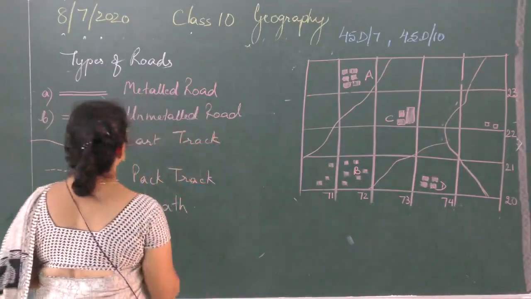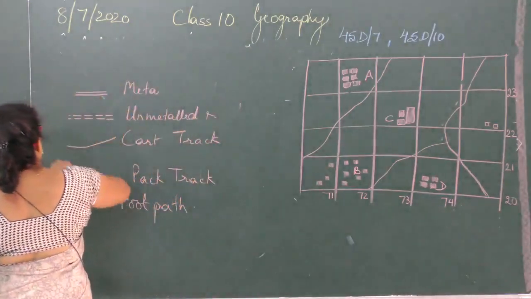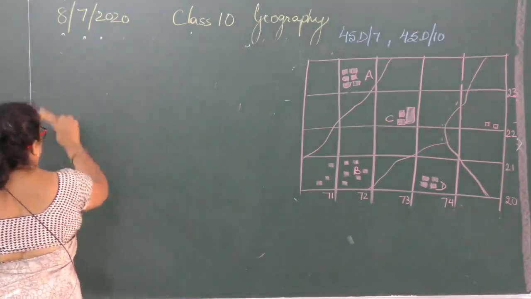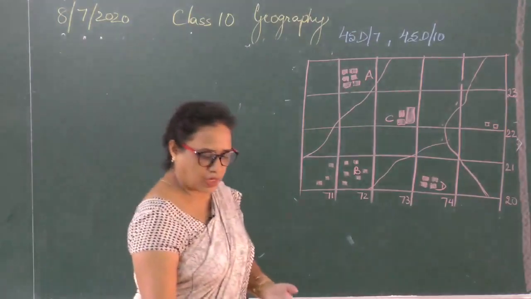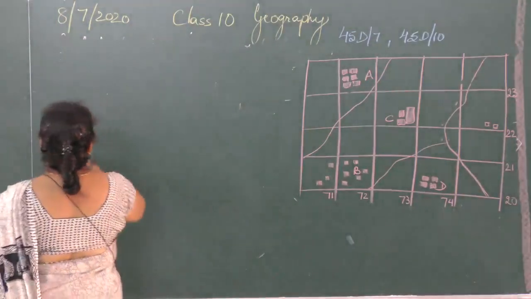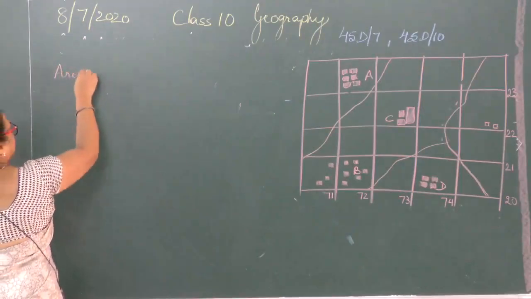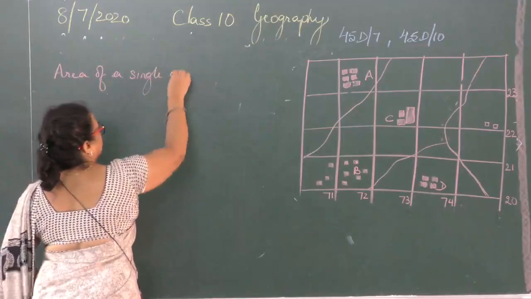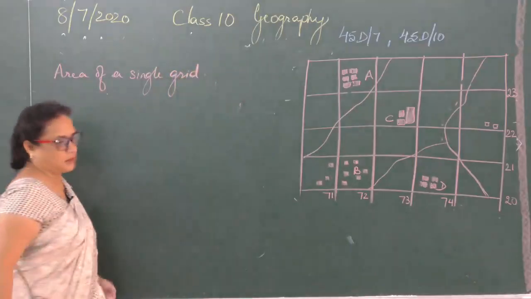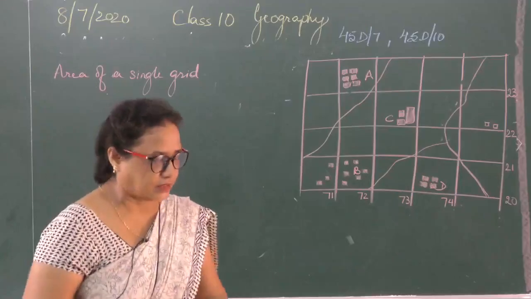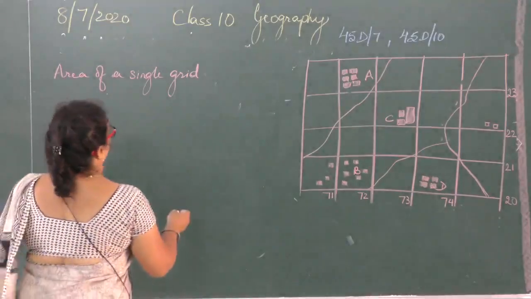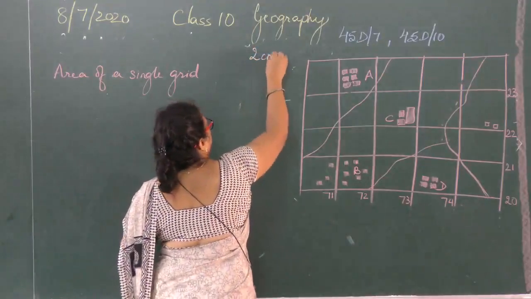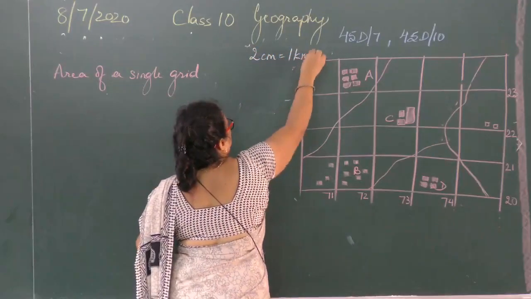Then you take down how to measure the area or calculate the area of a single square or a single grid. Clear? You have to show the working in your answer sheet, and that is why I am doing it for you. We follow the scale. The scale, remember we did, the verbal scale is 2 centimeters is equal to 1 kilometer.